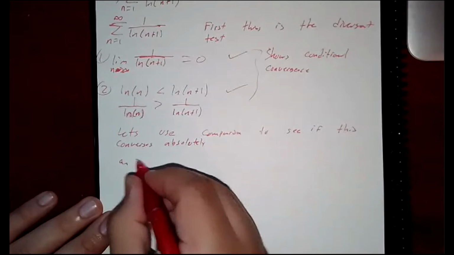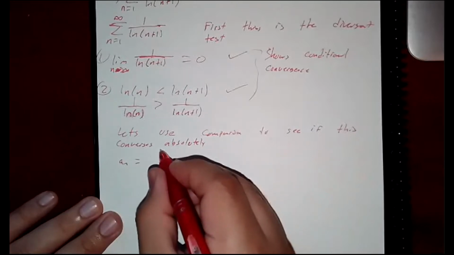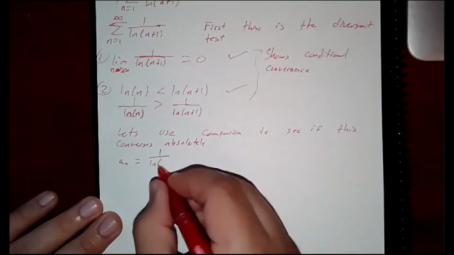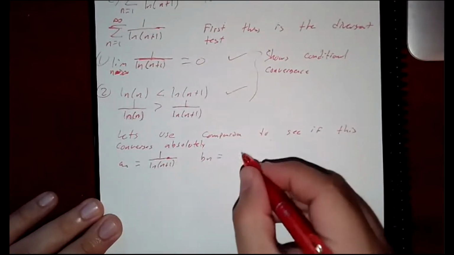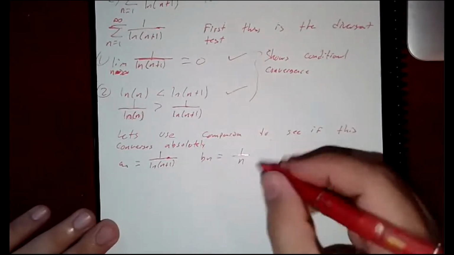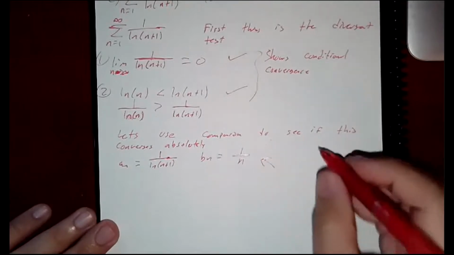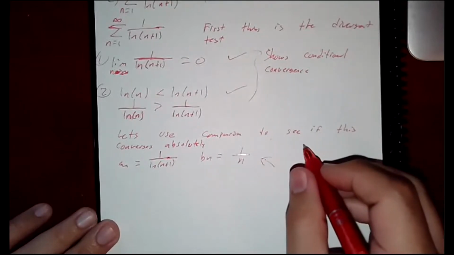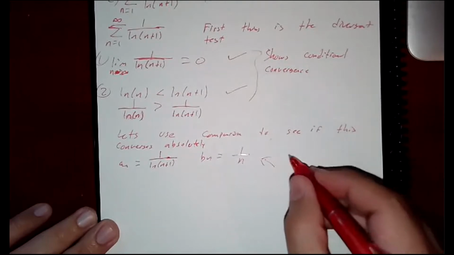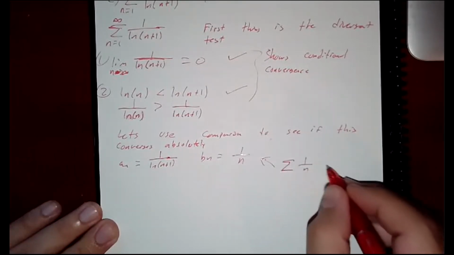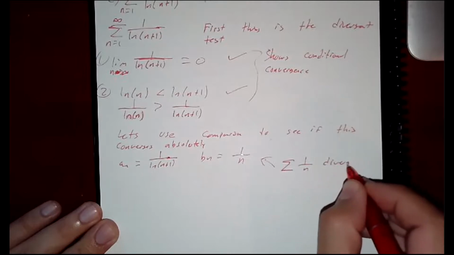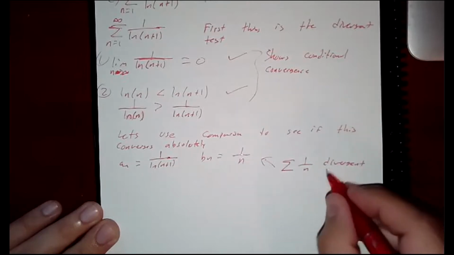So AN is going to be the original. The BN that I will choose myself will be this guy. Remember that the series of 1 over n is a divergent P series, right?